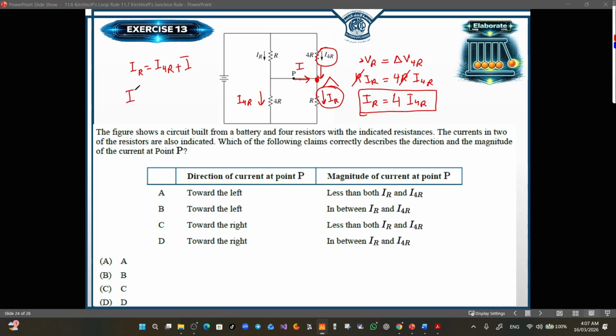So actually this missing current should be in a range between IR and I4R, which means the correct answer will be D. The direction is toward the right, and it's going to be in between IR and the I4R.